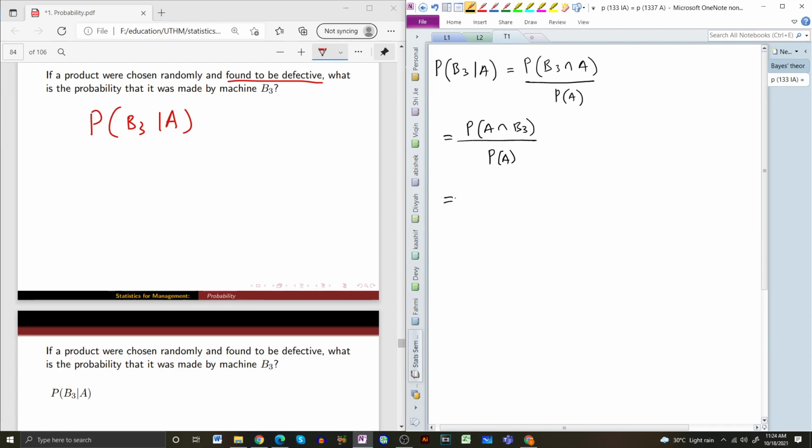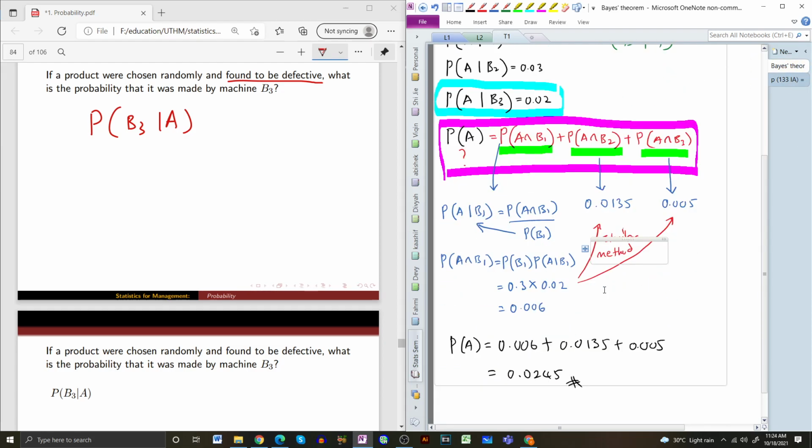But then this one we already know the joint probability. The joint B3 intersect with A, and the probability of A intersect B3 is the same thing. We already found it: A intersect B3 is this one, 0.005.